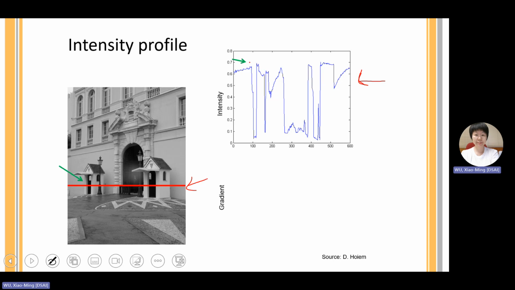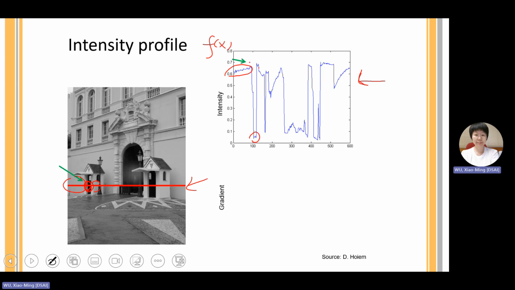As you can see, the intensity values are initially high, and then go down significantly because these values are black. It rises up again, and goes up and down. So this is the function intensity value f(x).